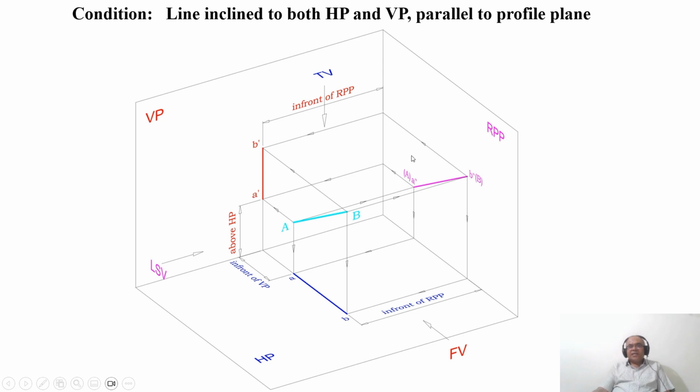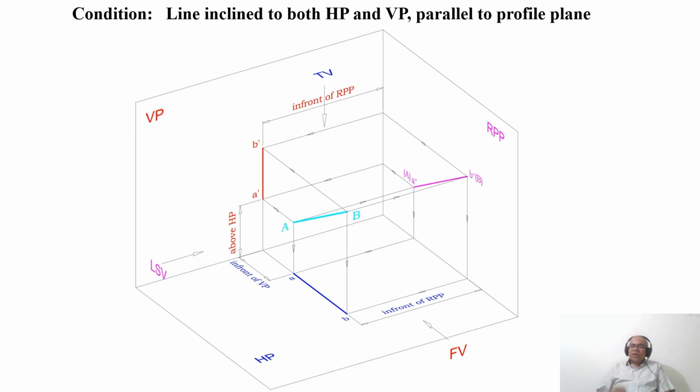And also the line is inclined to VP, you can see here with respect to this. Therefore, the line is inclined to both HP and VP. If the line is so, when you project these two points, you will get a vertical line. But if you get a vertical line, that means it is perpendicular to HP. If you want to get a vertical line in VP, it should be perpendicular to HP and parallel to VP.